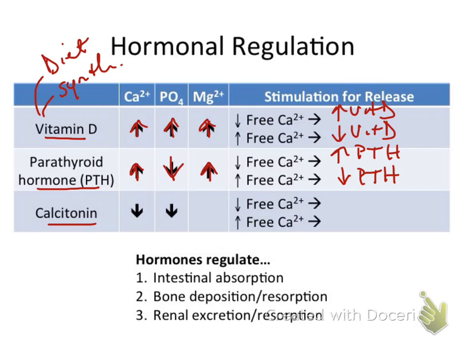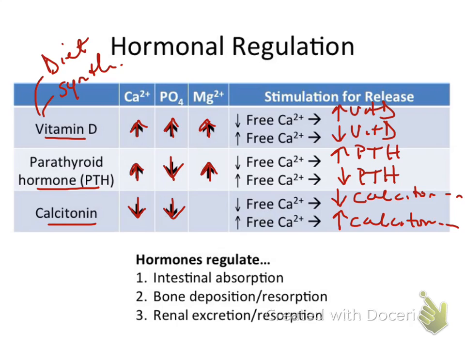Calcitonin is released from the thyroid C cells. It causes decreases in both calcium and phosphorus. A low free calcium concentration inhibits calcitonin release, and a high free calcium concentration stimulates calcitonin release.